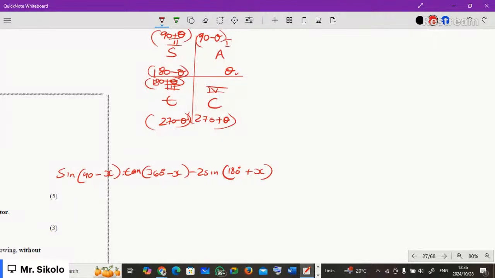When theta is going this way, clockwise, the angle can move anti-clockwise, and it can move clockwise as well. So if it's moving clockwise, that means it will be negative theta. Okay, so this is another reduction formula. Then the last one is 360 minus theta.